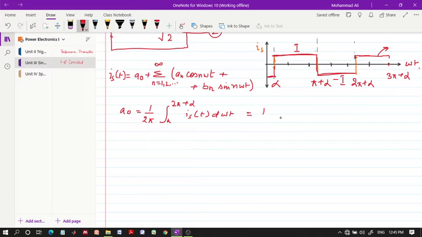So this will be 1 upon 2 pi, and it can be divided into two parts, right?